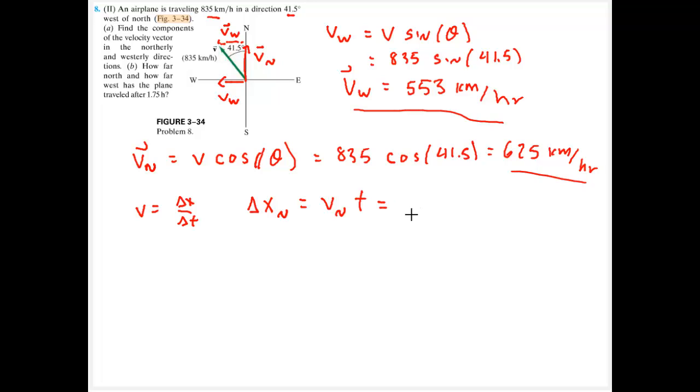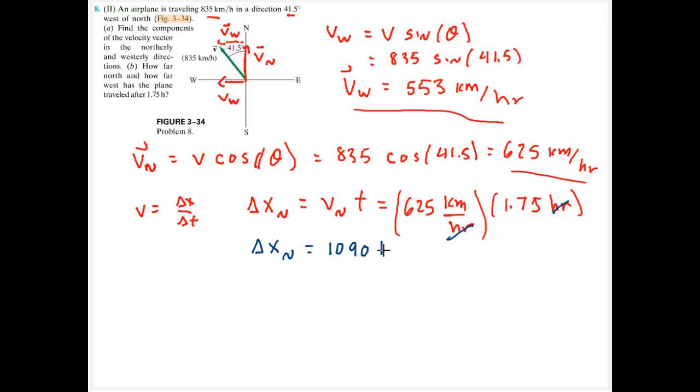So in the northerly direction, it's going to be 625 kilometers per hour, and I'm going to multiply that by 1.75, and the unit's going to be hours. So you can see, leaving the units on here, hours are going to cancel out and I'm left with kilometers. So my displacement in the northerly direction is going to be about 1090 kilometers.